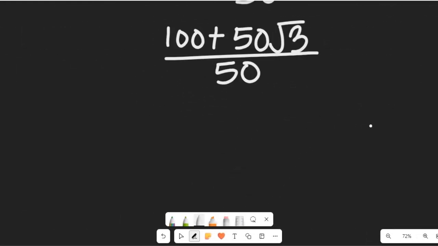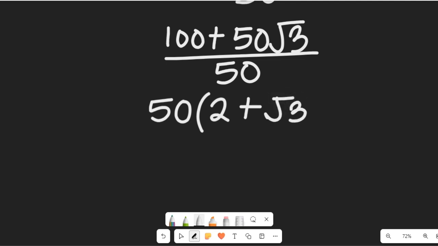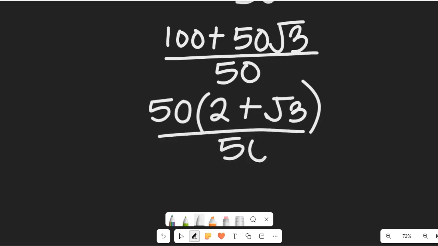So since 50 is common, we're going to bring out 50, right? 100 divided by 50 is going to simply give us 2. So we'll have 2 remaining here, plus this whole thing, 50 root 3 divided by 50, is going to give us root 3, right? And all this will be divided by 50.